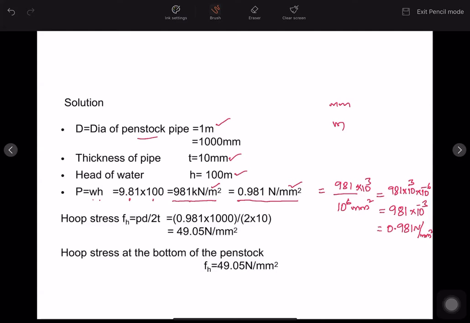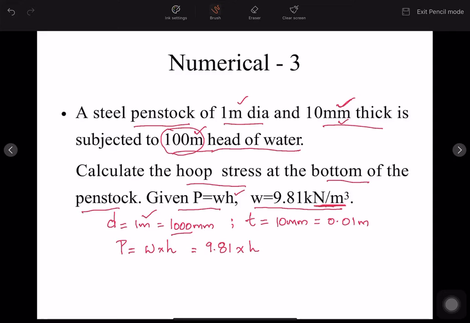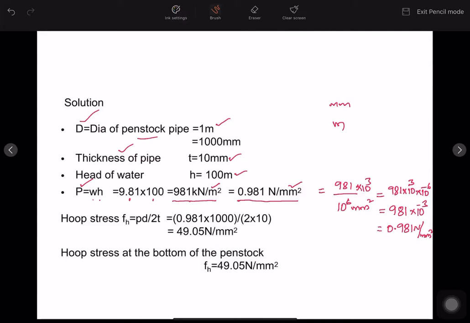So now we have the P value, we have the D value, we have the small t value. With this we can calculate the hoop stress. He has asked only hoop stress.